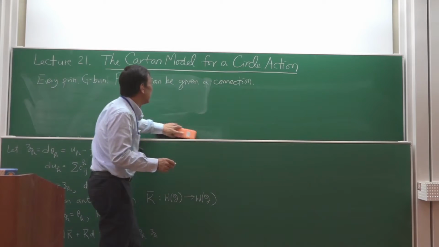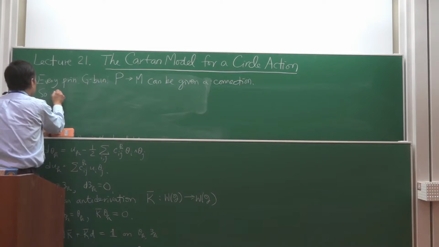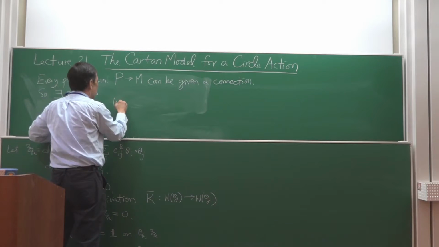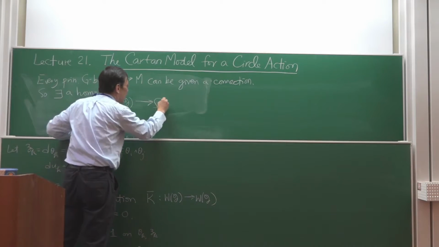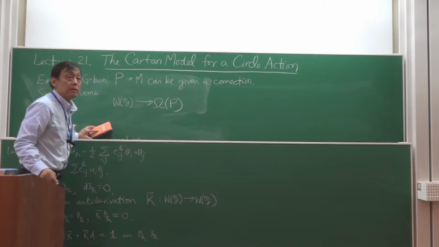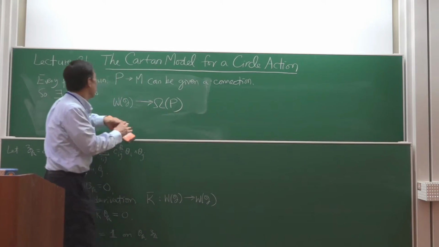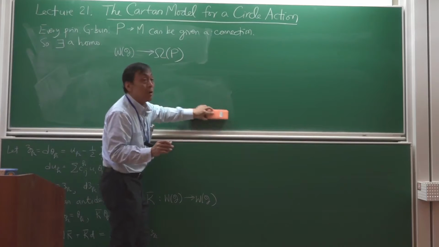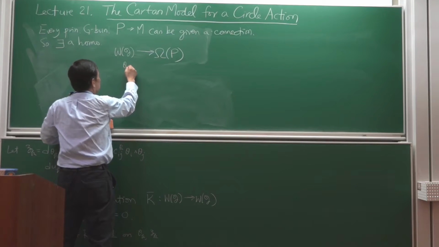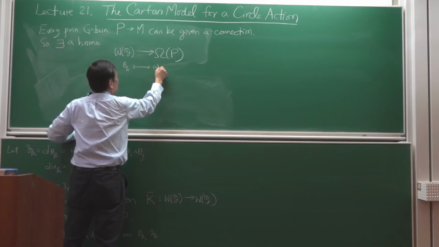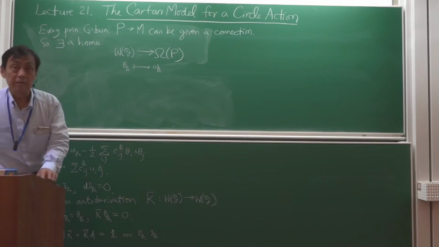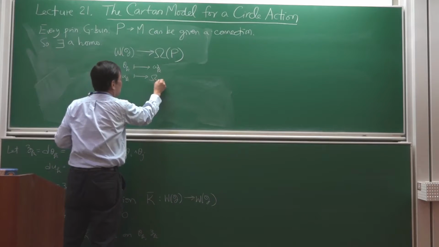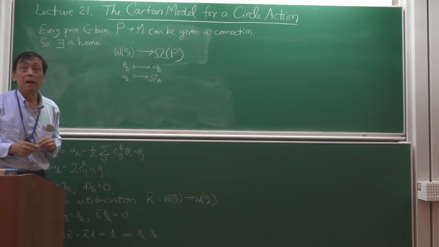And so there is a homomorphism from the Lie algebra into the de Rham complex, where you map the theta k's to the connection forms omega k, and you map u k into the curvature form Omega k.